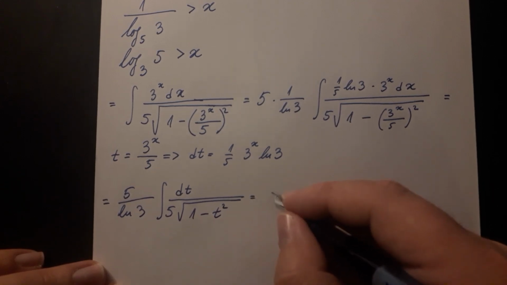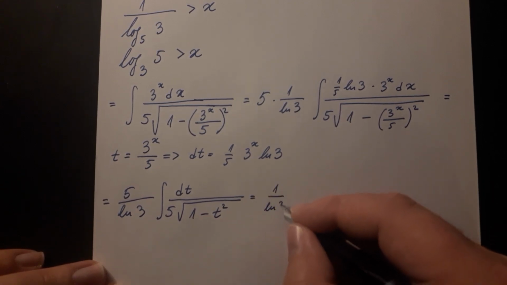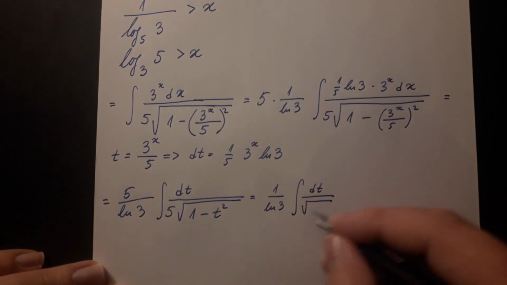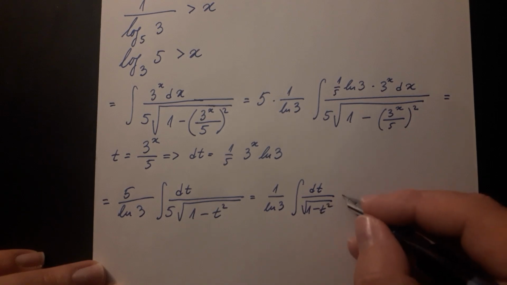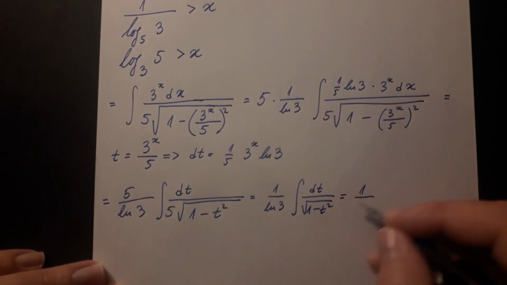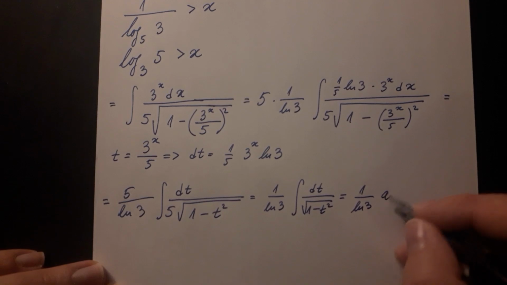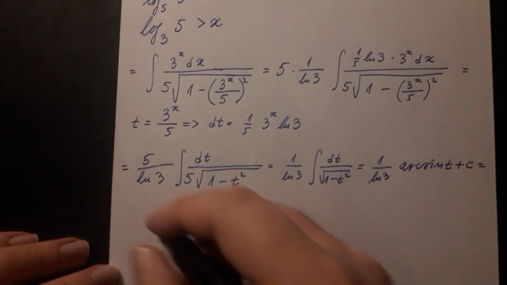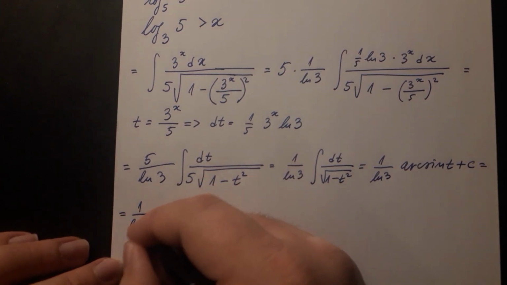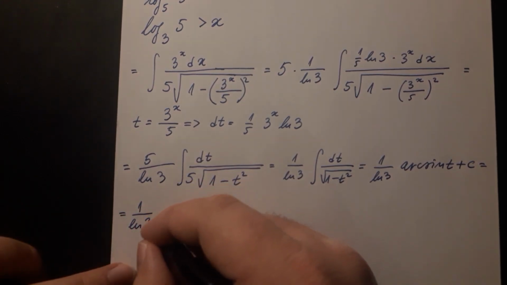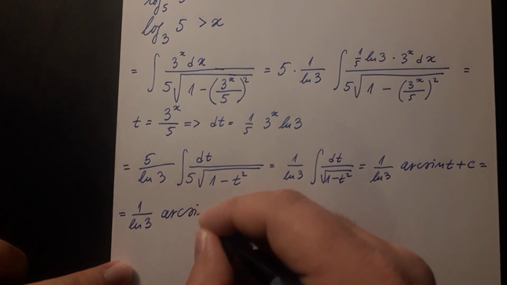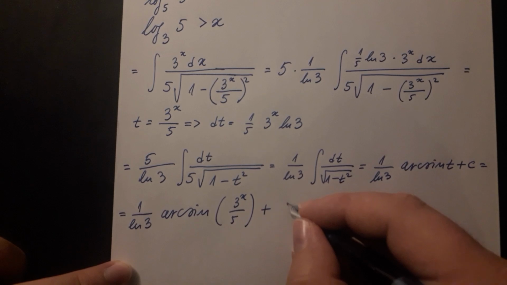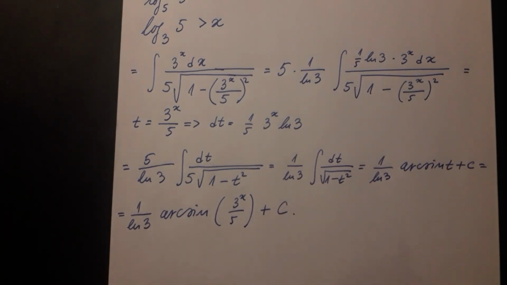This is then equal to 1 divided by ln 3 integral of dt over a square root of 1 minus t squared, which is equal to 1 divided by ln 3 arcsine of t plus c, and when we return the substitution we get 1 divided by ln 3 of arcsine of 3 to the power x divided by 5 plus an arbitrary constant c.